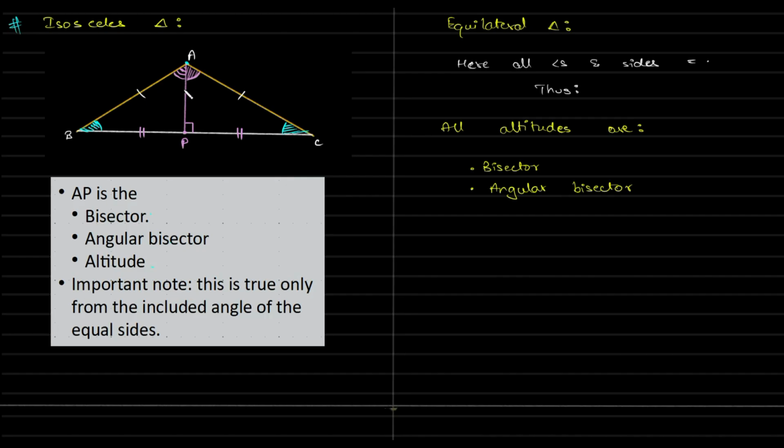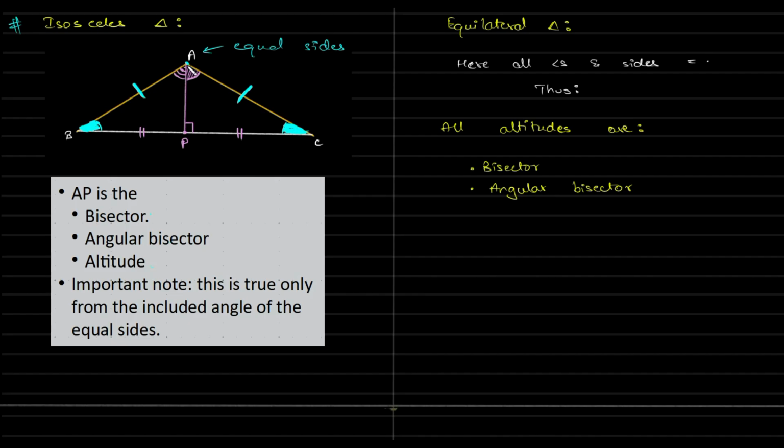Again, I repeat, the altitude or the angular bisector or the bisector has to be from the vertex containing equal sides. So AB has to be equal to AC. Okay, if AB is equal to AC, right? So these two sides are equal and thus these two angles are also equal.